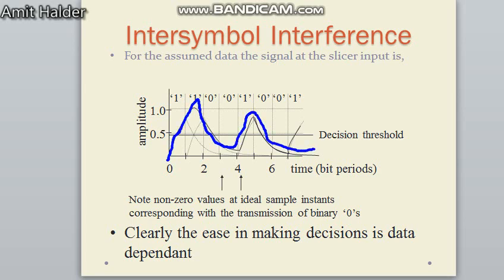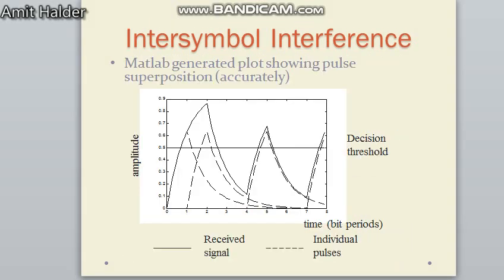Total output. Apart from the decision threshold, it is difficult to find out which symbol is right or wrong. So in the intersymbol interference, as you can see here, there are some overlappings that distort the symbol. Individual pulses are there, but the received signal is this.